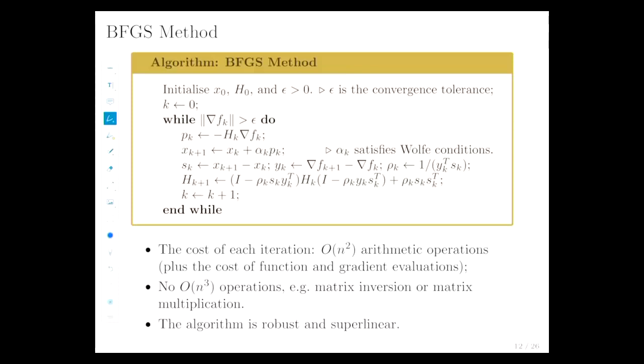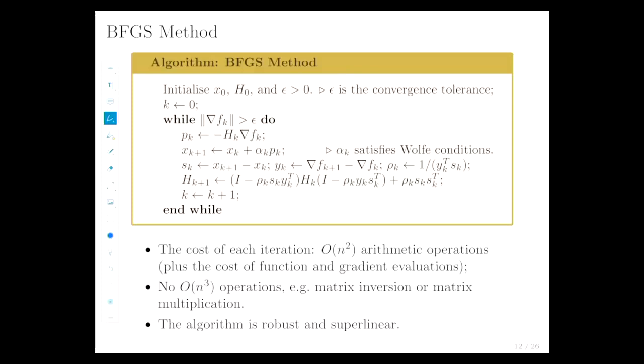Now again, we have to have some observations. Per iteration complexity is n squared, because we are only multiplying matrices and vectors, and these are n squared operations.